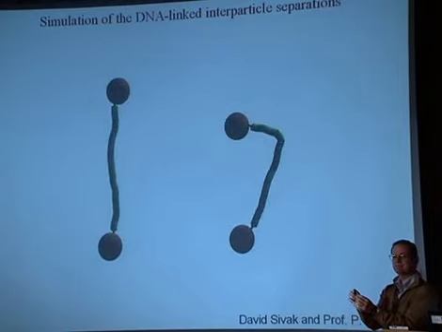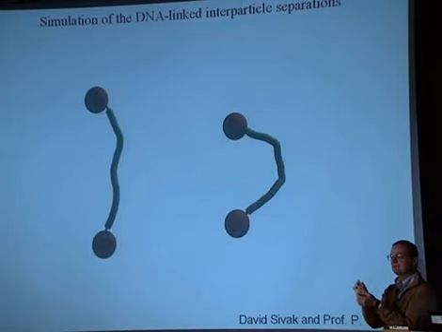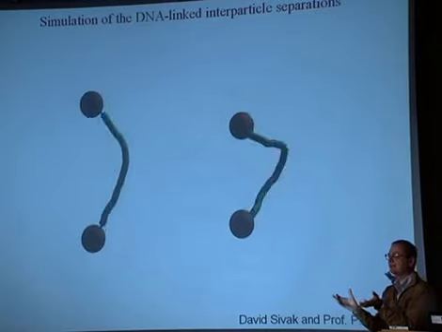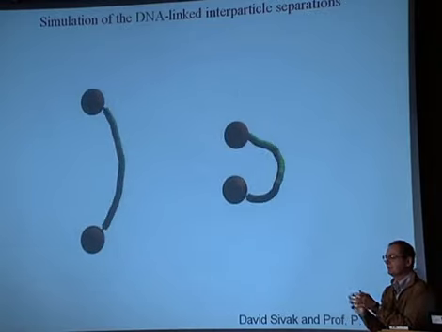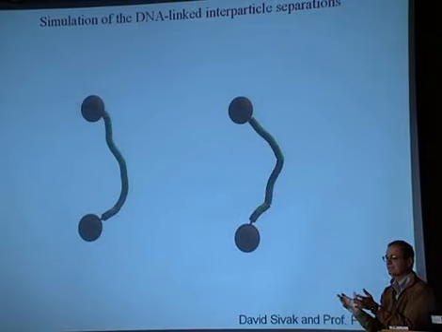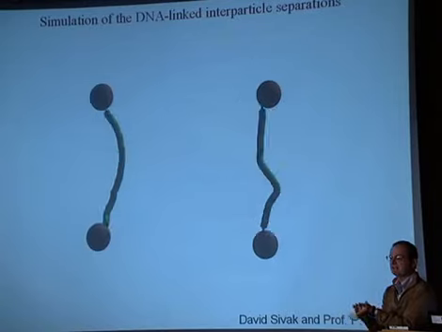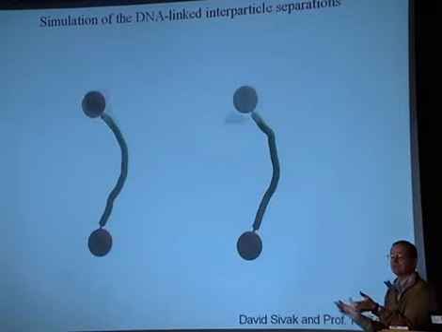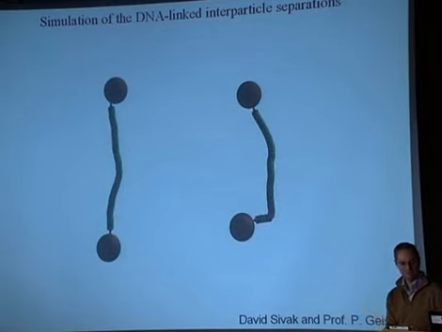Just for a brief period of time, the base pairs will open up. And at that point, it's actually single-stranded, not double-stranded. And so during that brief period of time, it has a much shorter persistence length, and it bends a lot. And if you include that effect, then you can come much closer to describing the full distribution of distances that occur with the two particles.